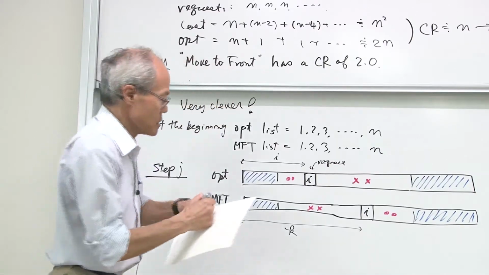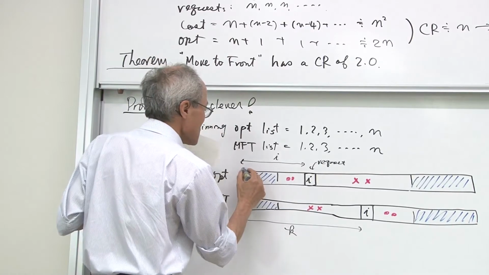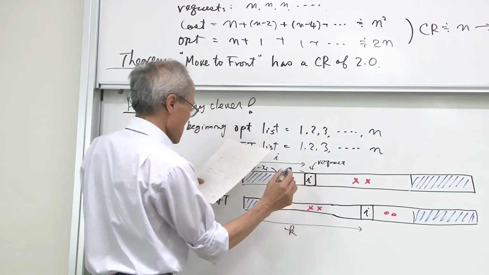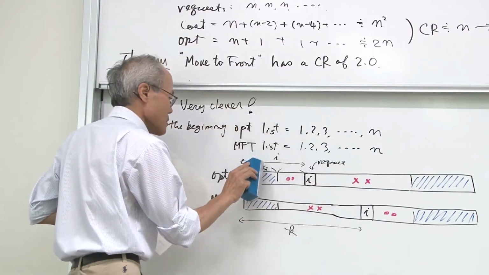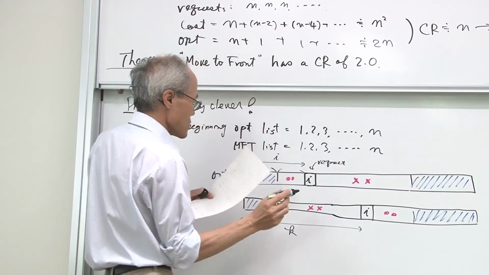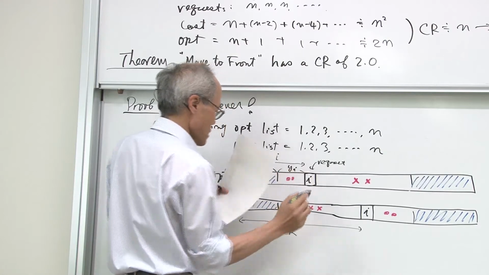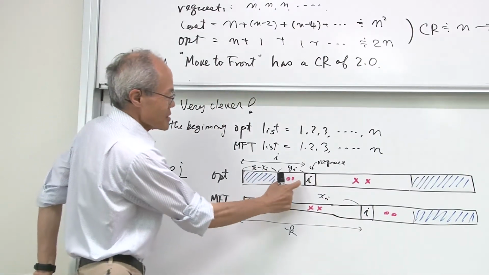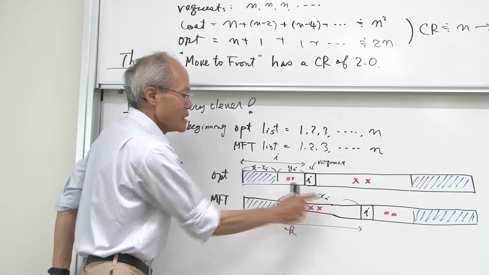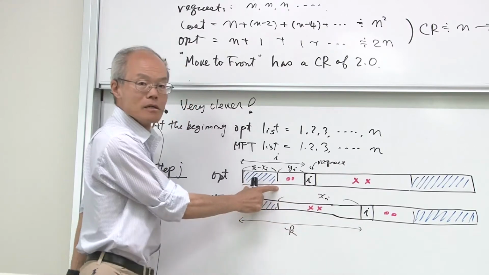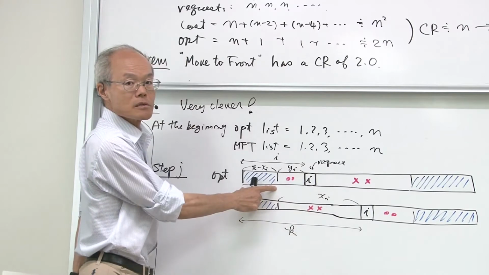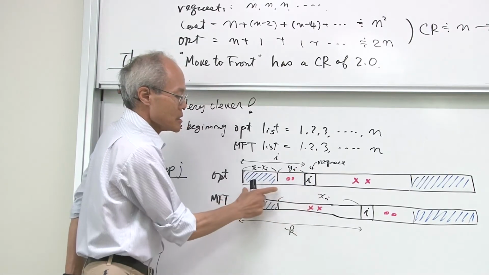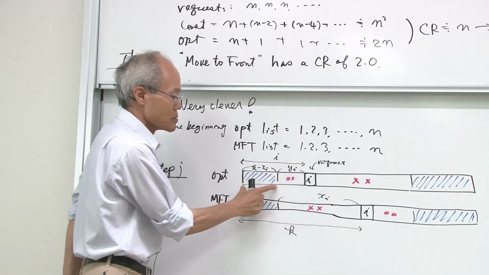So assume that this number of items is yi, this number of items is xi, then obviously this size is k minus xi.